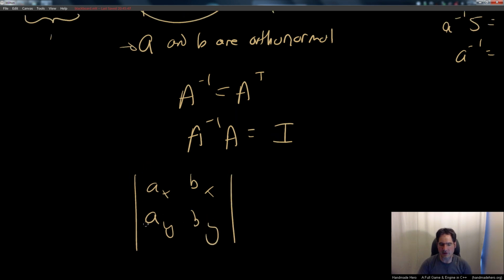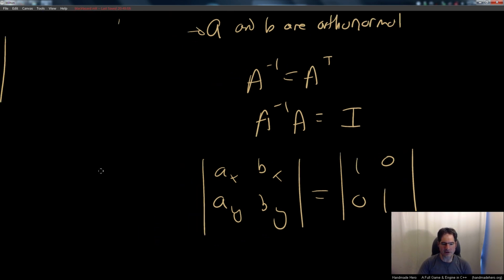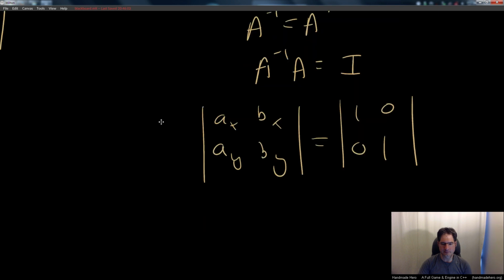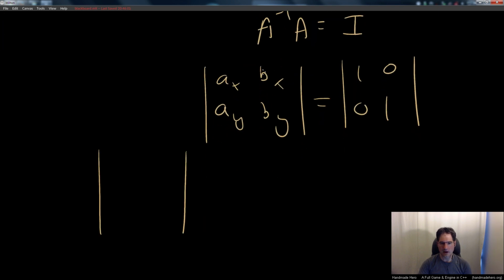That's the matrix. And I'm going to reproduce exactly this equation that I wrote: A inverse A equals the identity matrix. So if I were to take the transpose of this matrix, which I just told you how to do, this is A up here. This is going to be A transpose right here, which I'm saying equals the inverse.